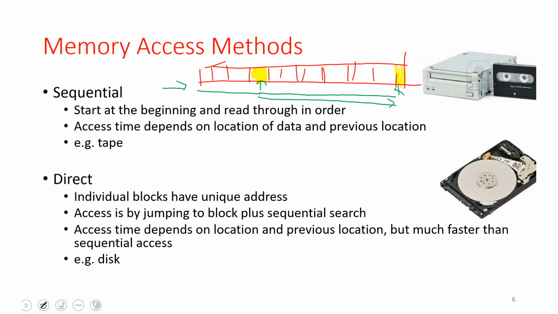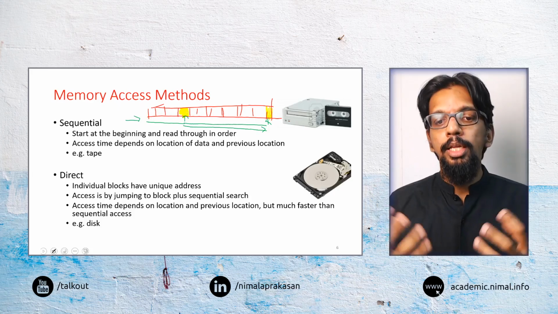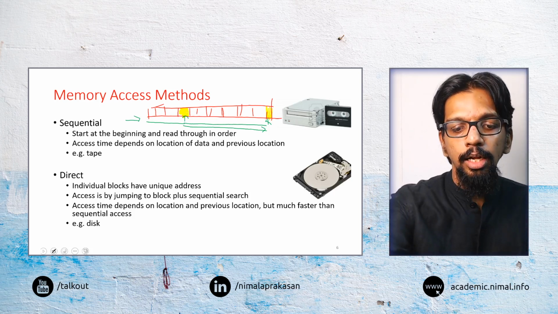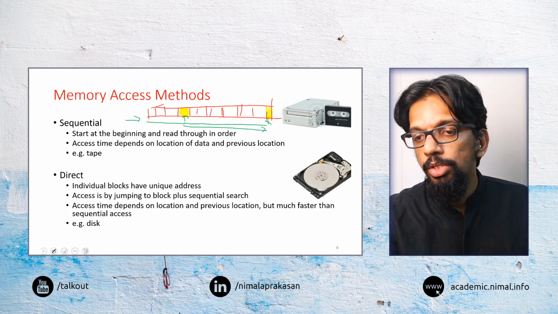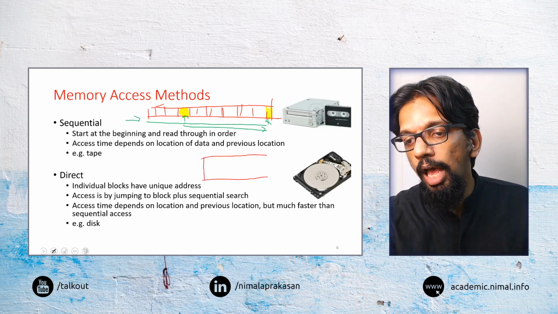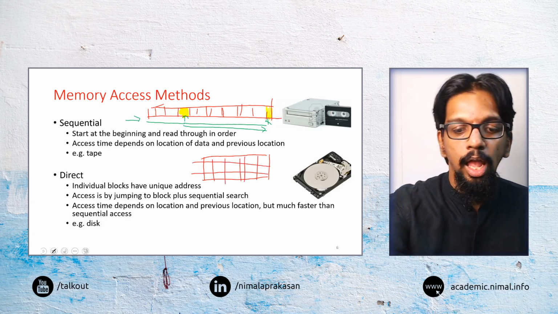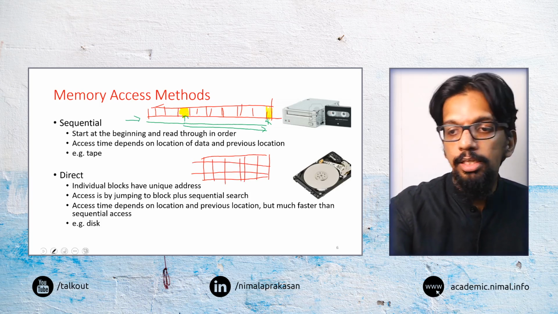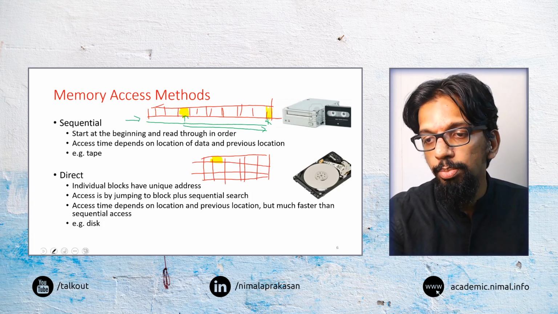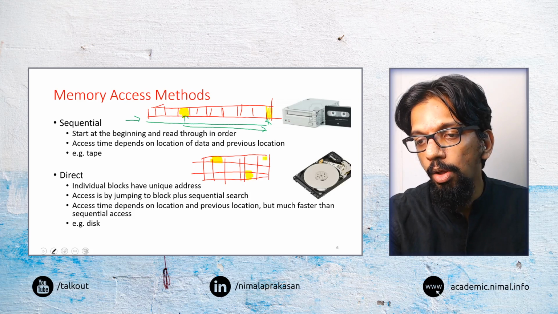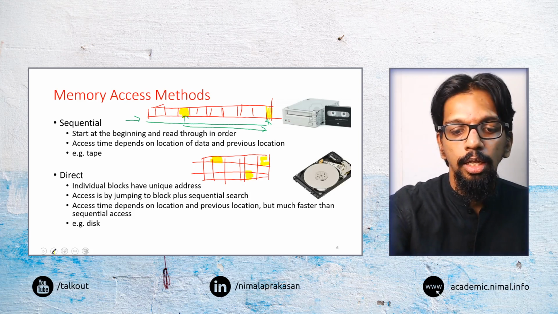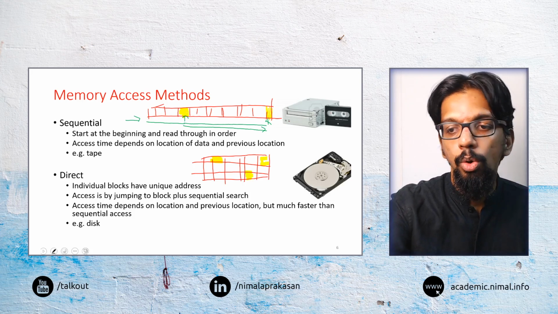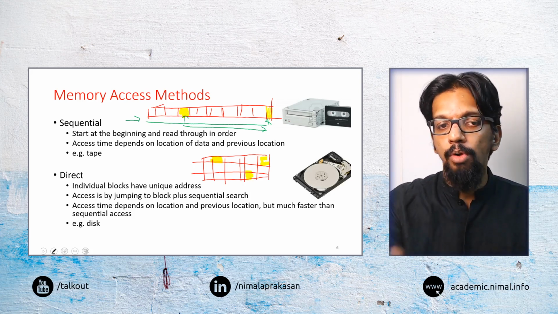On the other hand, when we think about direct access, what we will have is the concept of blocks. So here we will have a certain number of blocks that are storing data, and in that case, say if we want to access this block and then this block and then this block of data, there's no need for us to go in a sequential order from one to the other.